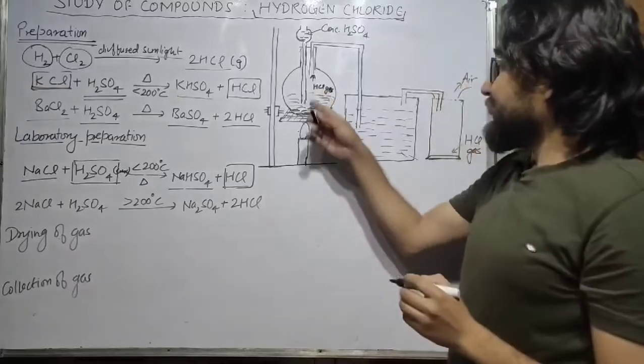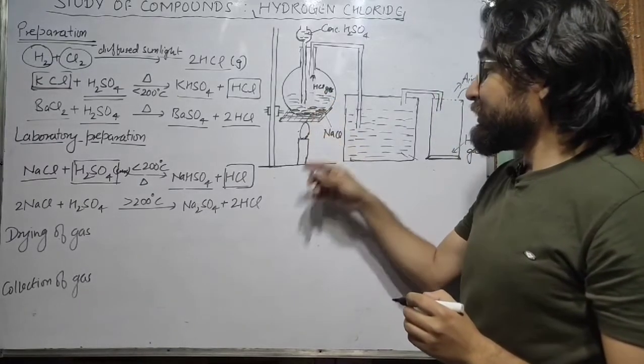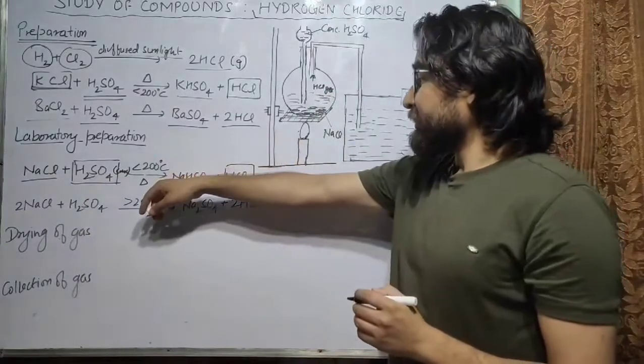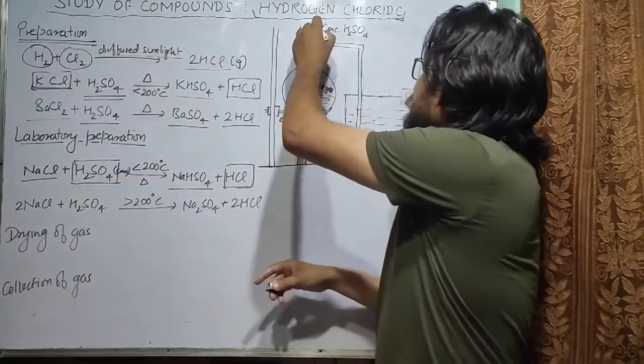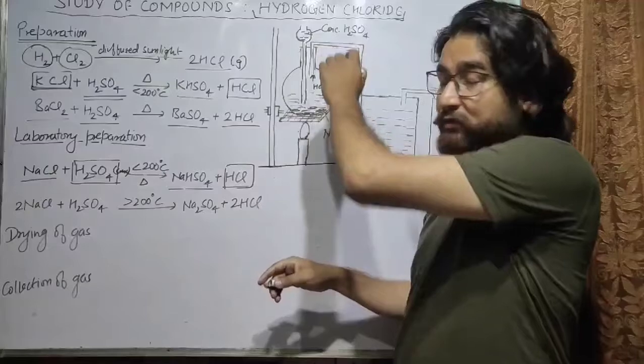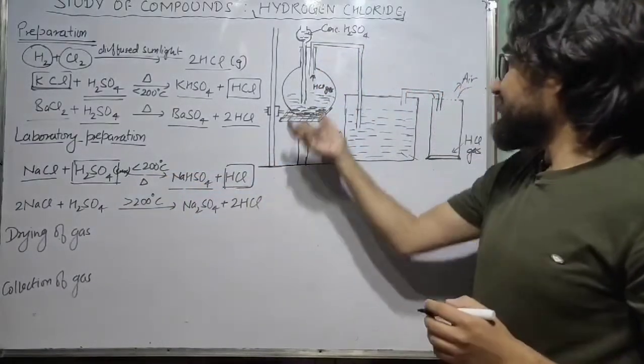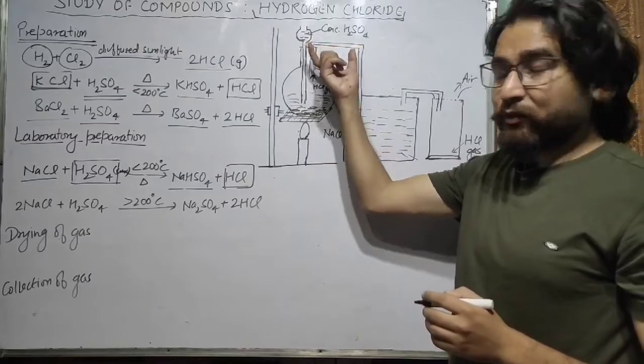So HCl gas will be formed. Why? Because NaCl will react with H2SO4. So heating is done, with H2SO4 poured from the thistle funnel. So it will form NaHSO4 plus HCl. So HCl gas will be evolved.